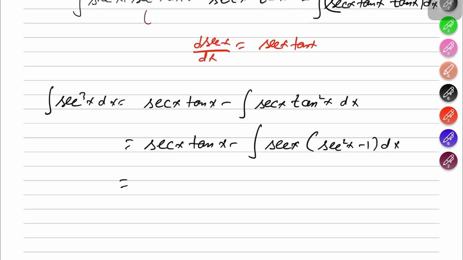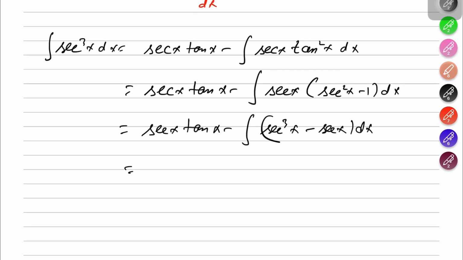So that will be sec x tan x minus the integral of (sec cube x minus sec x) dx. So let's split it.